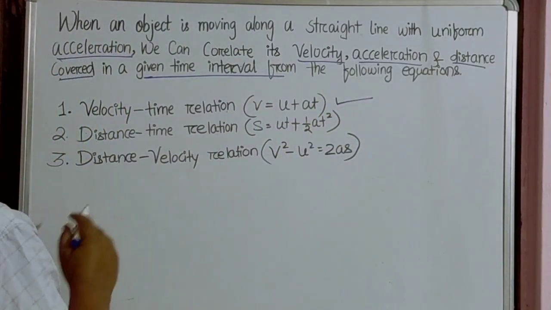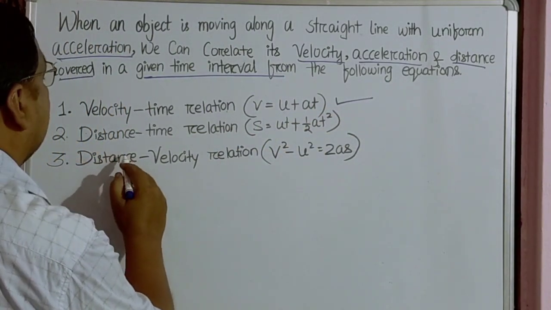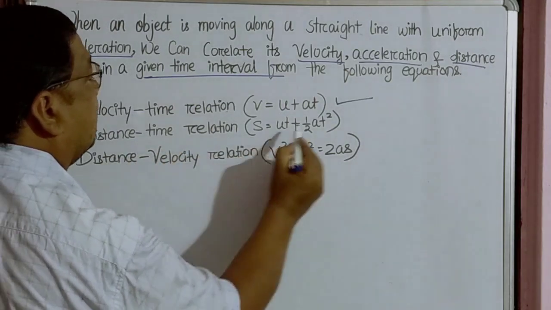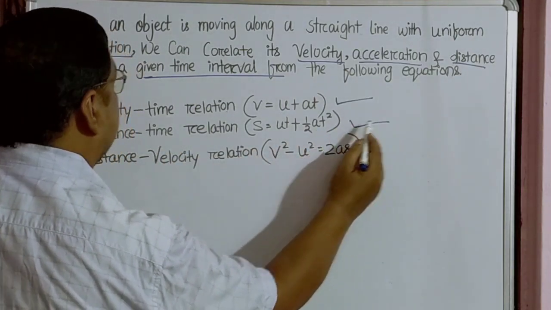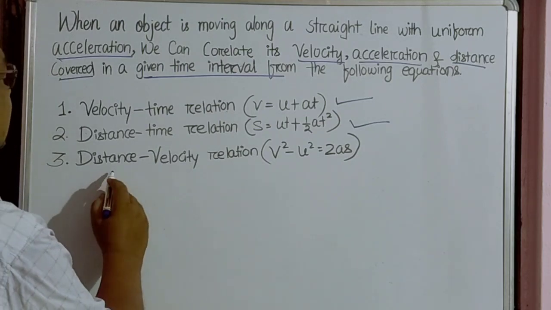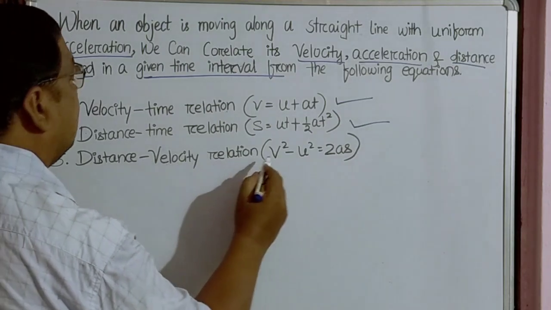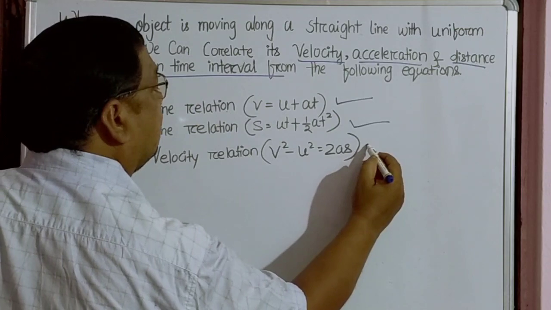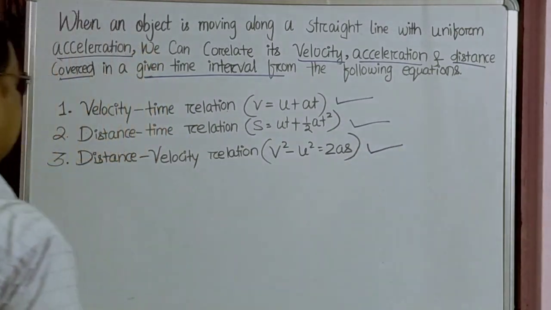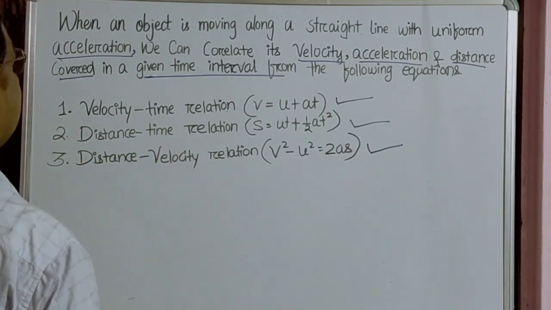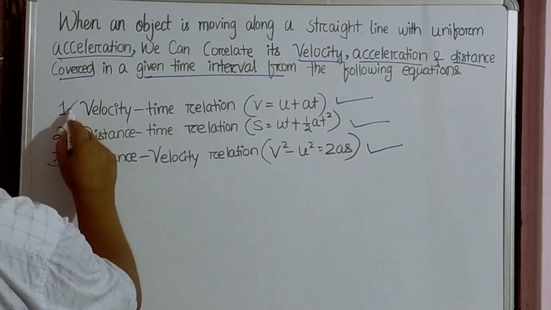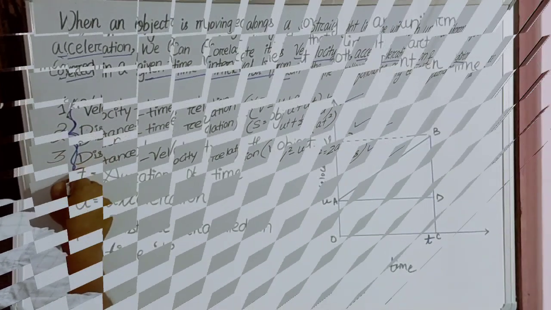And the second equation of motion is the distance-time relation, that is s is equal to ut plus half at square. And the third equation is the distance-velocity relation, which is v square is equal to u square plus 2as. Now we will draw a diagram and derive all the equations step by step, one after another.